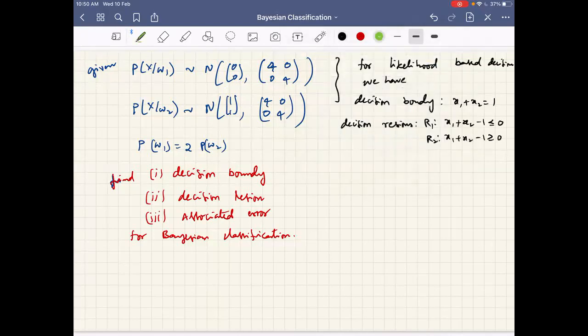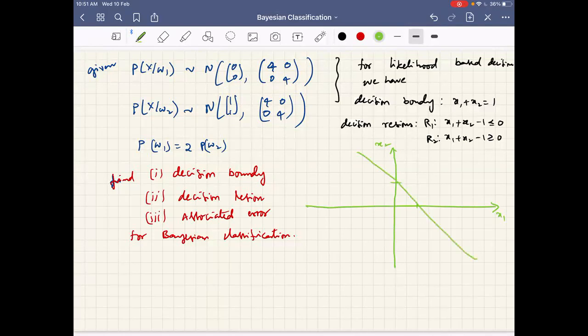Let us sketch them. Let this be X1 and this be X2, and this be 1, and this be 1. So the decision line is like this.